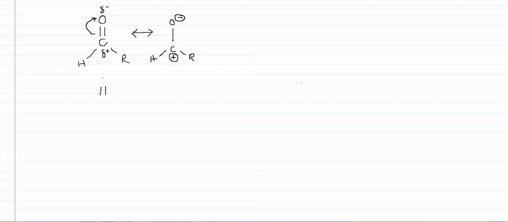So let's consider an actual addition reaction that occurs and involves nucleophilic attack. And as our nucleophile, let's use a molecule of water. And water is a suitable nucleophile because it has a couple of non-bonding valence pairs here.